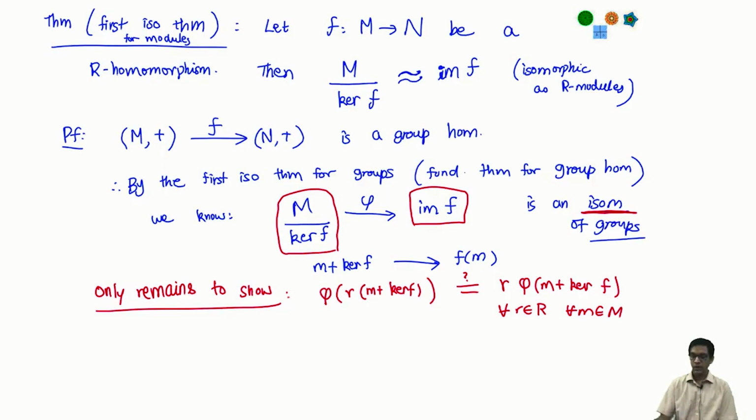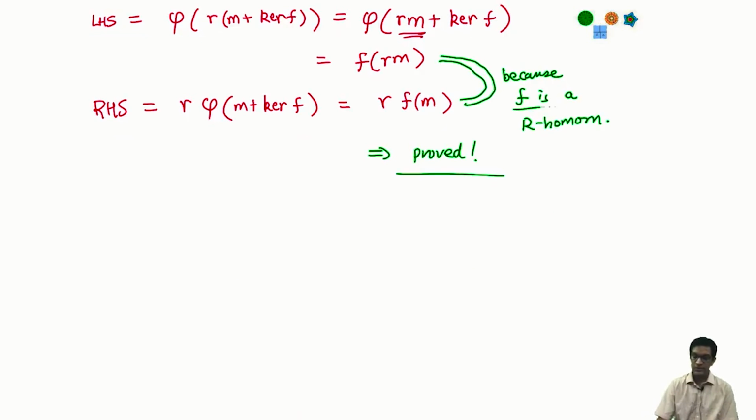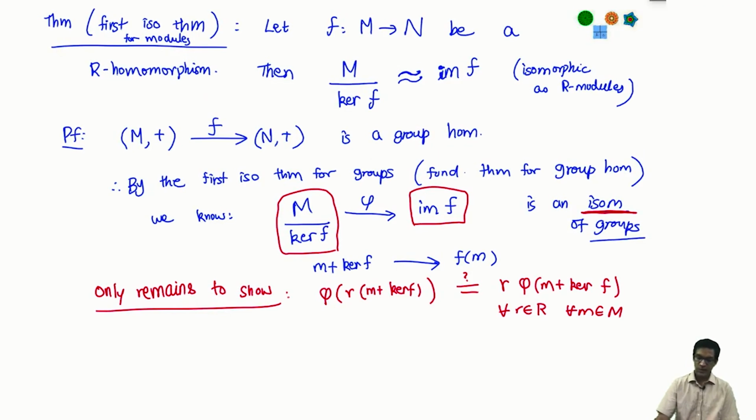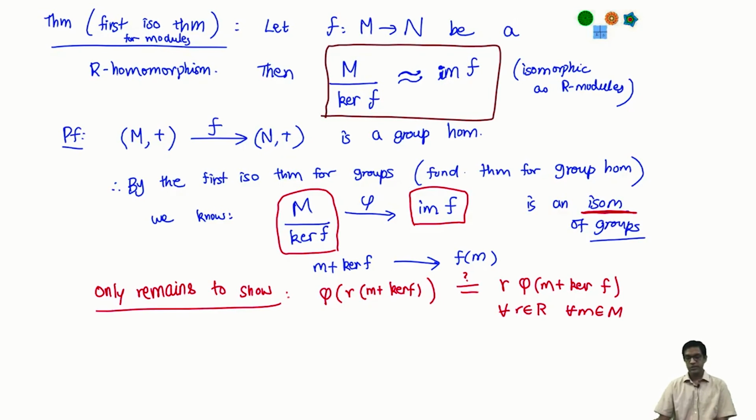To do that, what we finally end up needing is this additional statement about f, that f was not just a group homomorphism, it's also an R module homomorphism. Okay, so this is a very important statement. The first isomorphism theorem, as always, tells you that the images of homomorphisms can be identified with certain natural quotient modules. Okay.